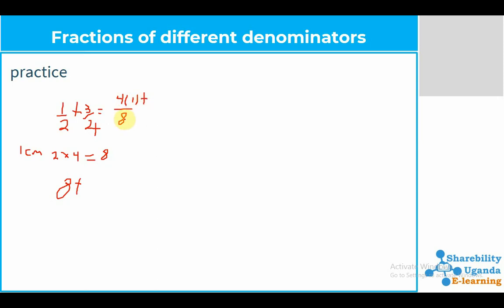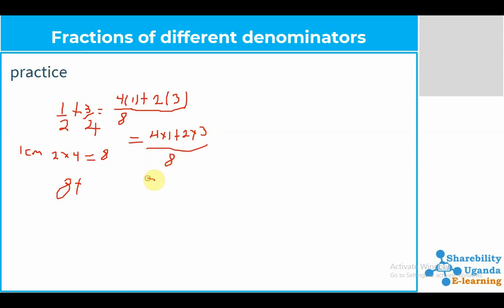We shall also say 8 divided by 4, we get a 2. Then we multiply this by our 3. All of this is divided by 8. So this is going to be equal to 4 times 1 plus 2 times 3 out of 8.